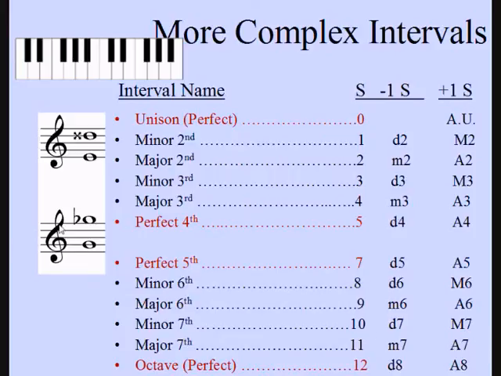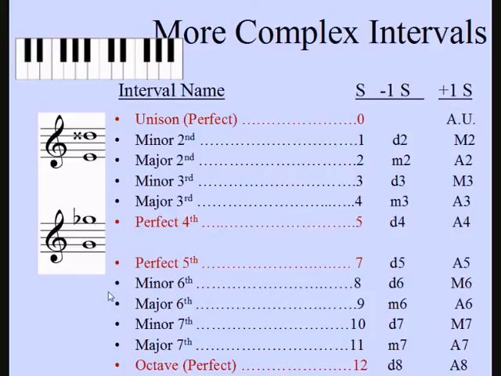Now we have this one here. It's a G that we assume is a natural G and a flat G. Then we know it's an octave, but just in case we're going to count it. 1, 2, 3, 4, 5, 6, 7, 8 is an octave. It's an octave, but we know that it's not a perfect octave, because this one has 1 semitone less.